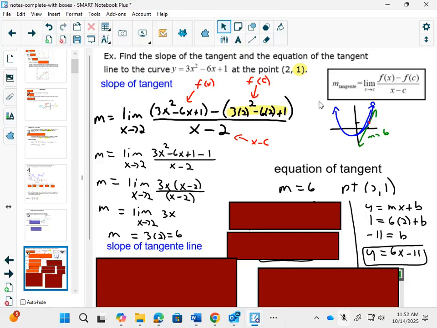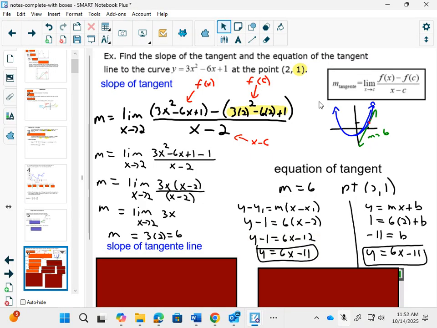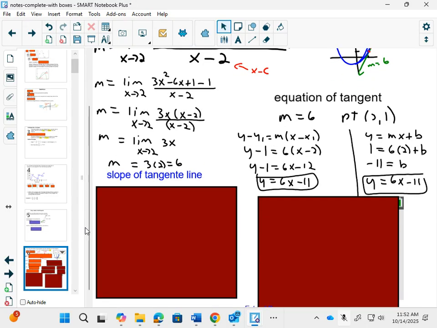How many people remember the point slope formula of the line? The y minus y1 equals m times x minus x1, where you just have to plug in your slope for m and your point for x1 and y1. And if you rearrange that equation, you get exactly the same thing. So it's good to know both of those. Here's a picture of what's happening.